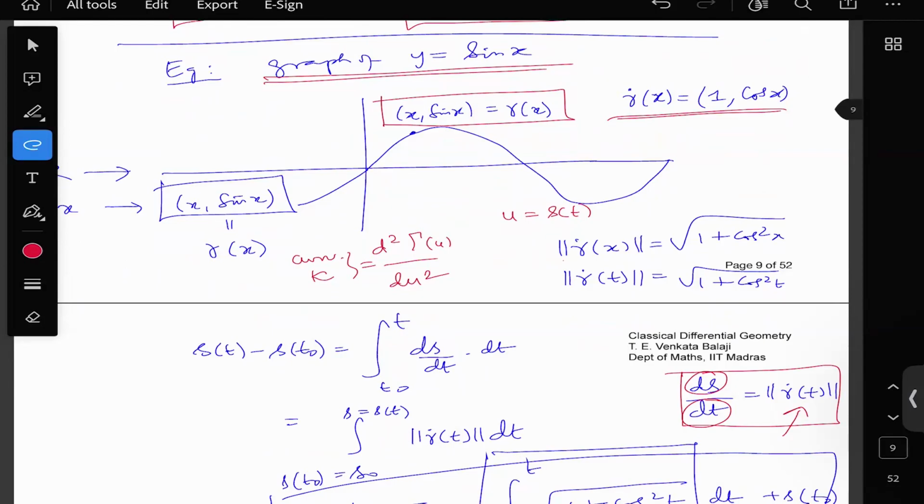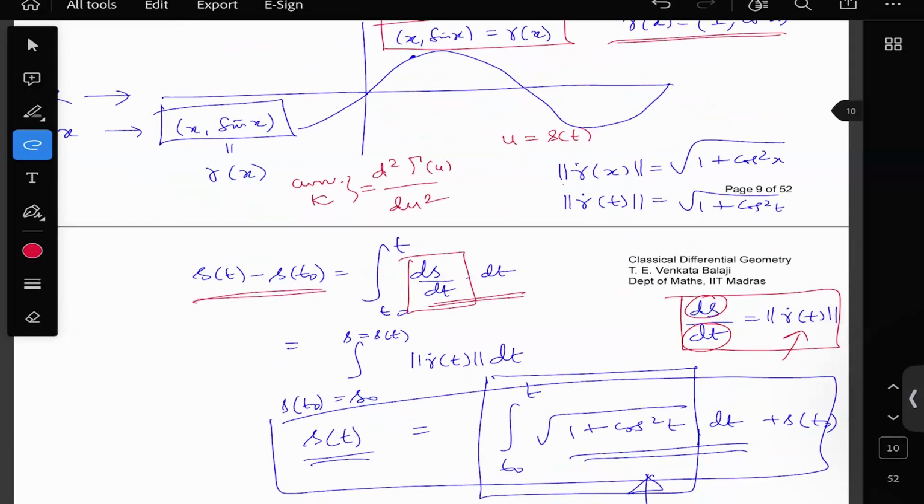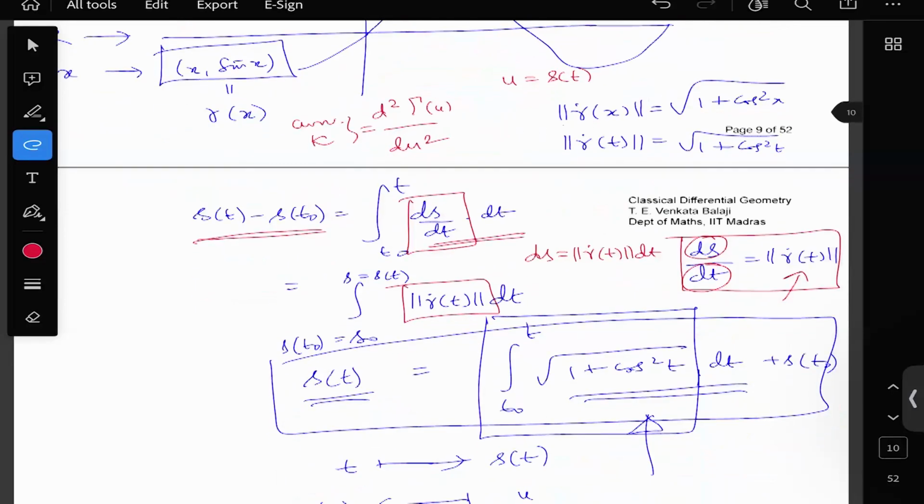So basically ds is norm gamma dot dt, and if you want s, you integrate from t naught to t of ds by dt dt, replacing ds by dt by norm gamma dot of t. Of course, in a differential way, you can write ds is equal to norm gamma dot of t dt. You integrate it, then you get s.